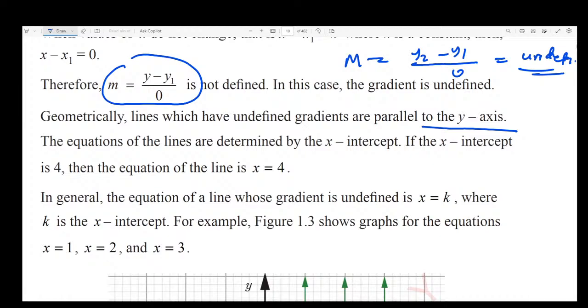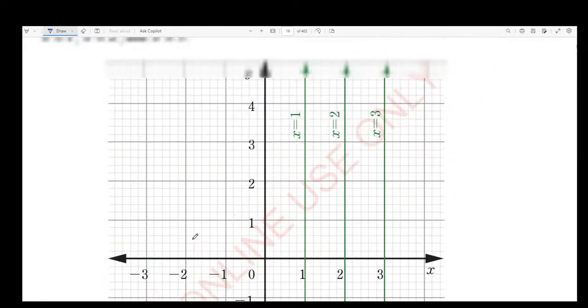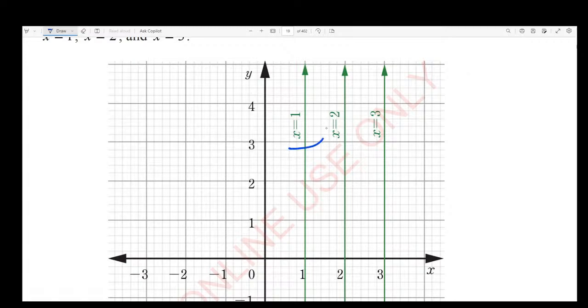And the equation of the line is determined by the x-intercept, dear students. So basically, you'll be having x equals 1, x equals 2, x equals 3. Over here, you can have x equals negative 2.